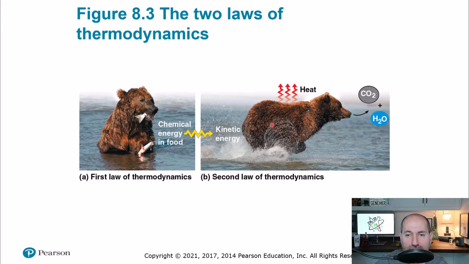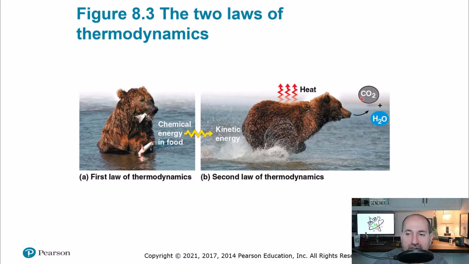It will transform the energy from sugars and fats into ATP in order to run about and hunt some more and to live. In the process, the bear breaks down those big sugar molecules, those big glycogen molecules. It breaks down those big fat molecules. And it breaks those down into numerous CO2 and H2O.